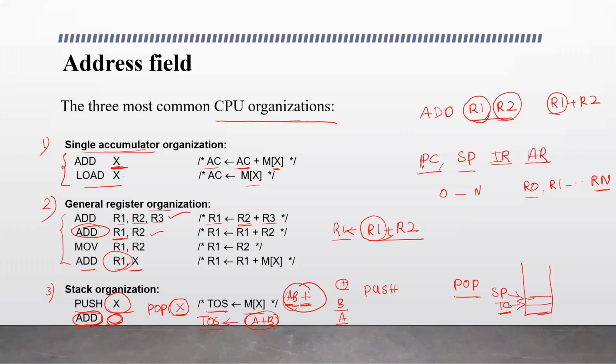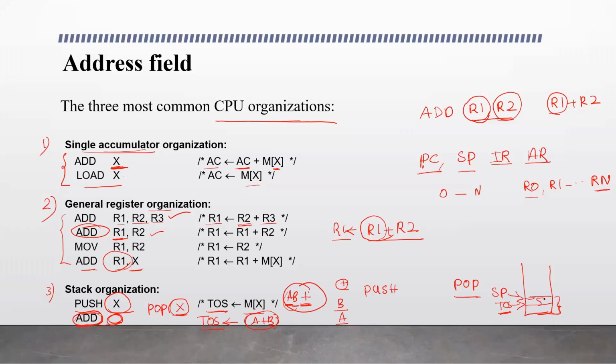But when you perform arithmetic operations such as addition, multiplication, we don't need to have any address. By default in stack organization, the top two elements of the stack are removed. Any operation is performed only on the data at the top two locations of the stack.